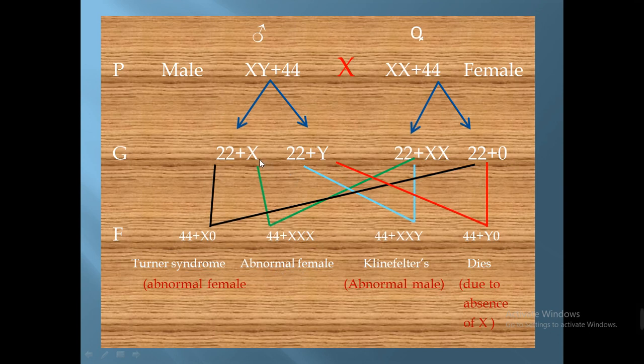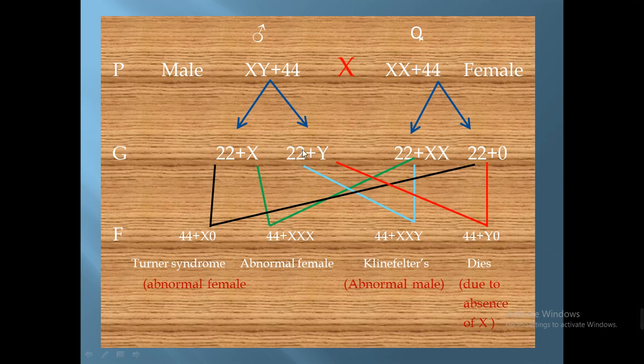Okay, returning to the second type of sperm, 22 plus Y. If it makes a fertilization with this type of ovum, 22 plus XX, the result will be 44 plus XXY. The normal male contains 44 plus XY. So here we have an extra X chromosome, which leads to a disease or syndrome called Klinefelter syndrome. This we will study.